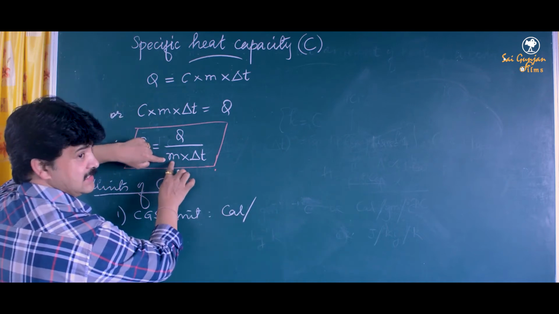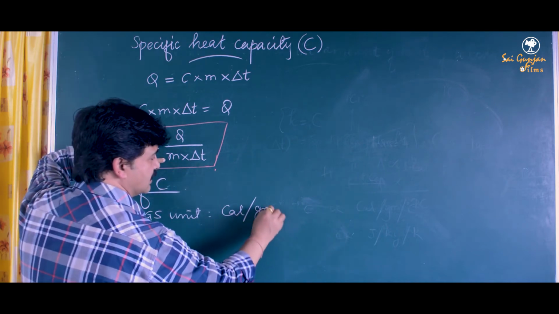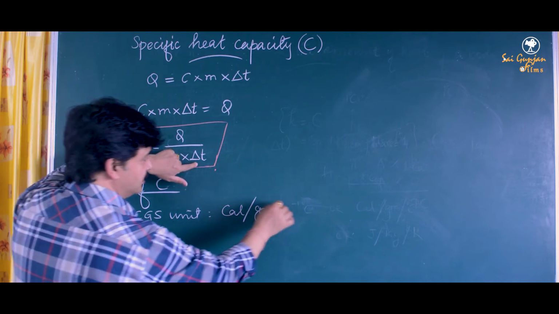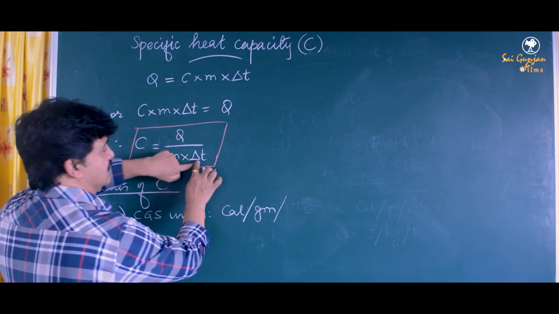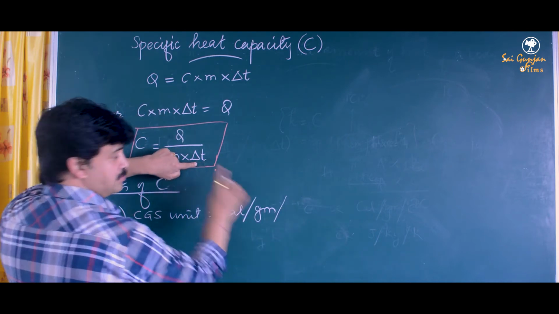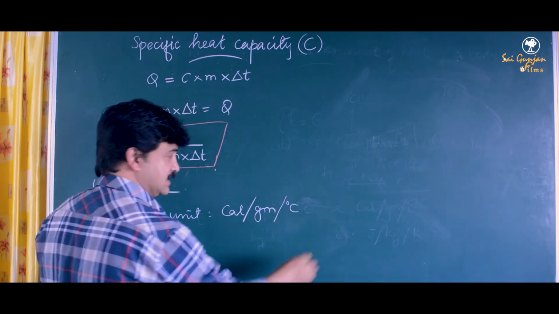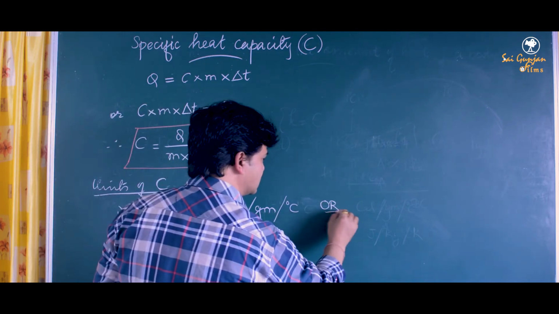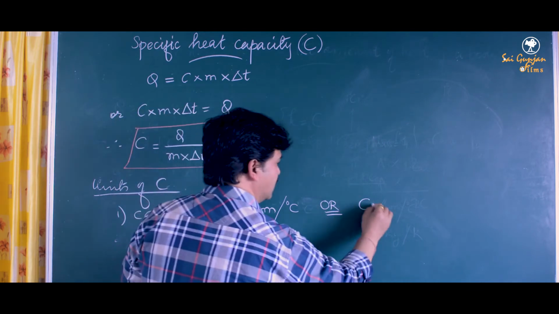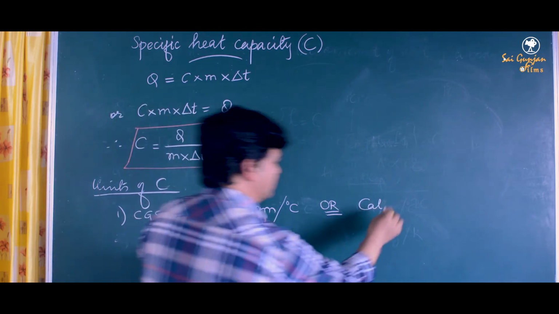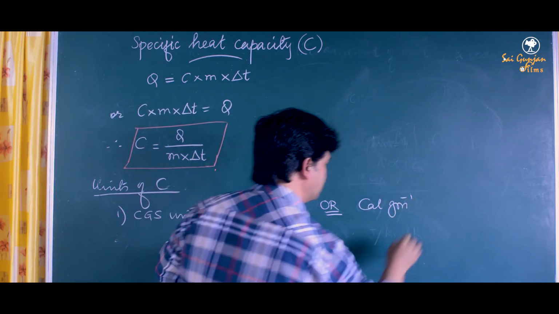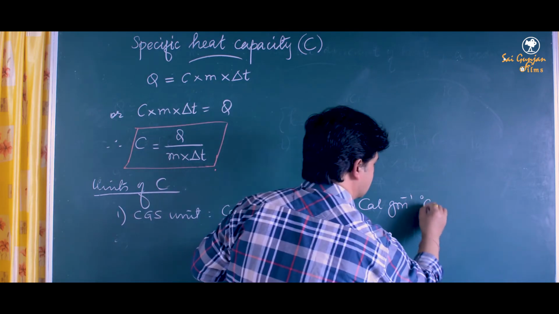Now, what's the CGS unit of mass? Gram. Again, denominator, per, and this is difference of temperature, per degree Celsius. Or the same thing can be written as calorie per gram per degree Celsius.